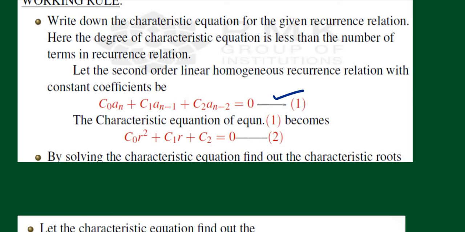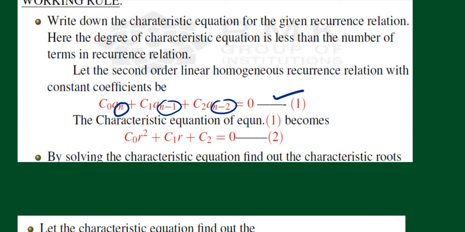For the degree of the equation, you take the maximum suffix value of the recurrence in the recurrence relation. Here the maximum suffix value of a n is n, and n minus 1 is also there, n minus 2 is also there.